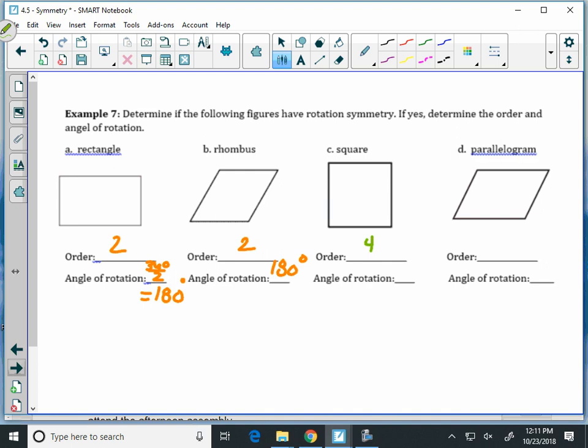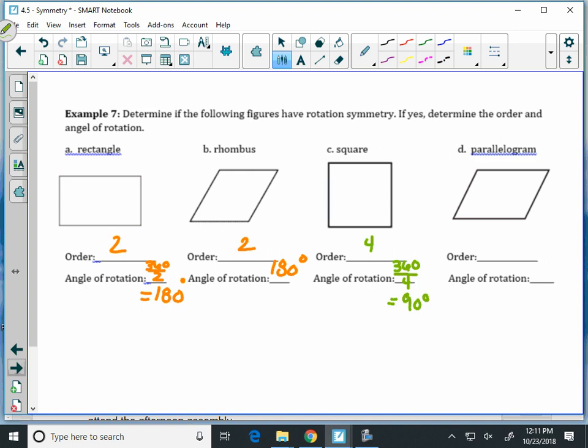That's why it's different. So to figure out the angle of rotation, we just do 360 divided by 4. What is 360 divided by 4? 90. So each rotation is 90 degrees, 90 degrees, 90 degrees, 90 degrees.